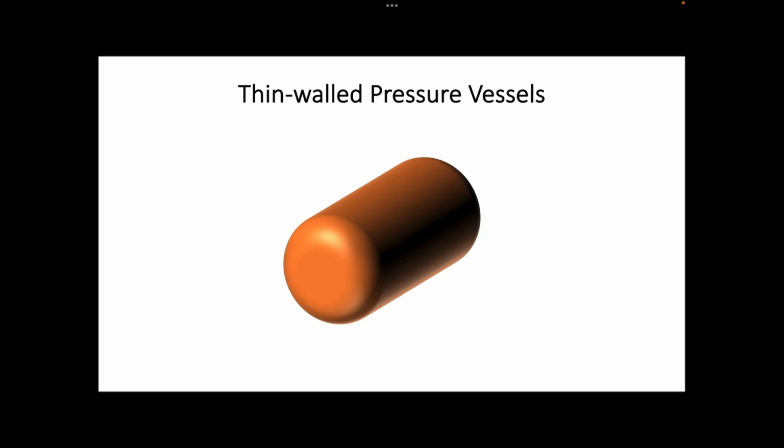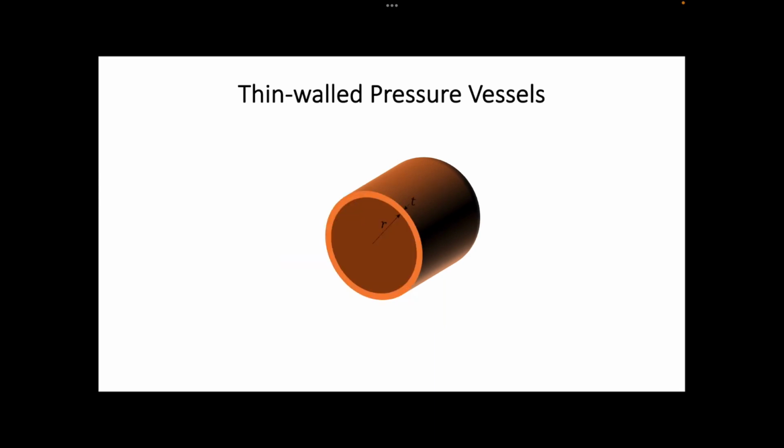Assume what we are looking at right now is the exterior appearance of a gas tank or vessel. Let us use an imaginary cut at this location to look at the inside. Then first, thin-wall pressure vessels are defined as those having inner radius to wall thickness ratio greater than 10.